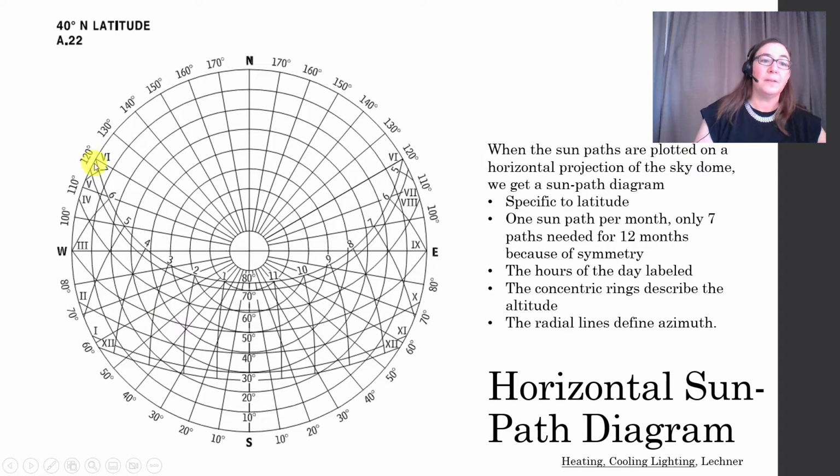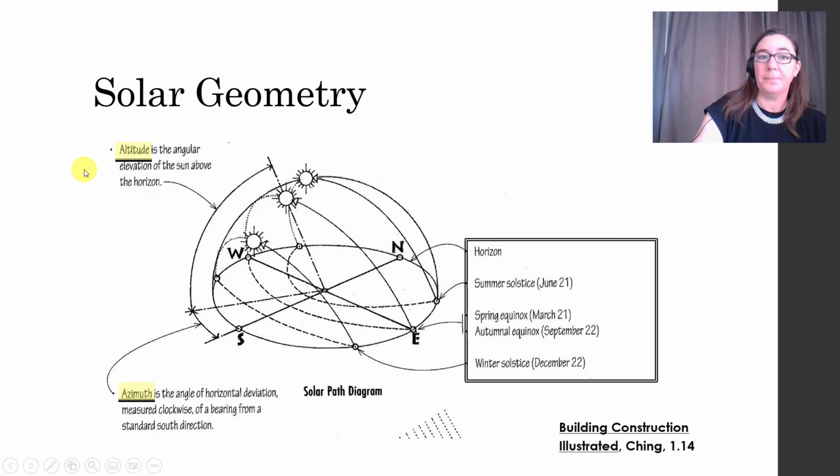We also see sun paths, and they look like these big arcs. And if we slide back, these sun paths are just like in our three-dimensional sky dome here. The sun path is the path that the sun travels throughout a particular day.